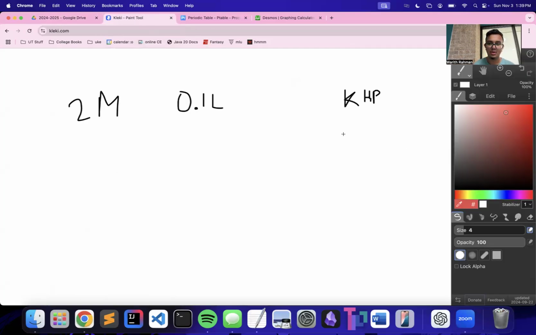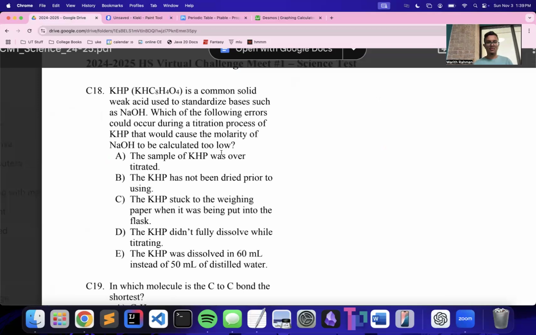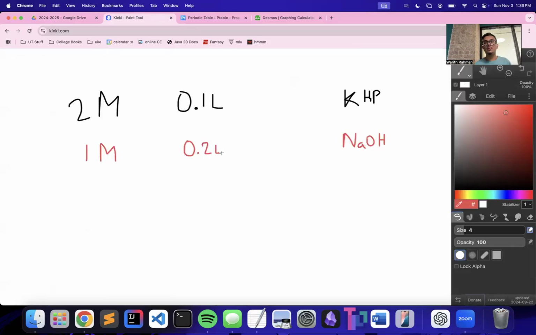Then let's say for NaOH, it was very similar. We'll say that in actuality, this is a 1 molar solution, and we should have needed 0.2 liters. In the first case, if our KHP is over titrated, that means that we added too much of this, and this is kind of our question mark.